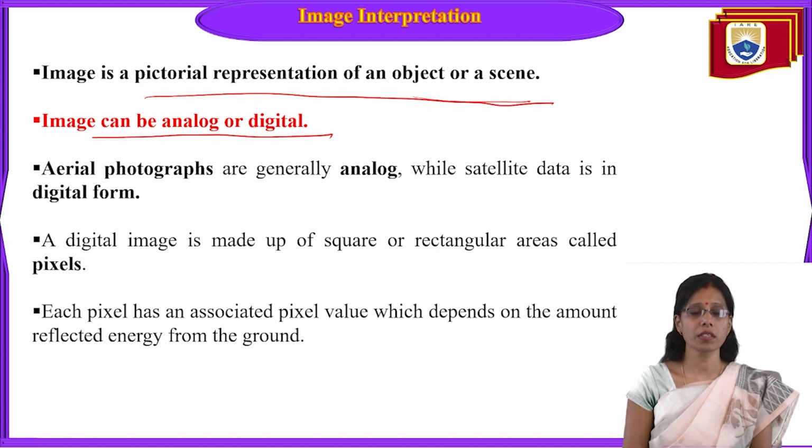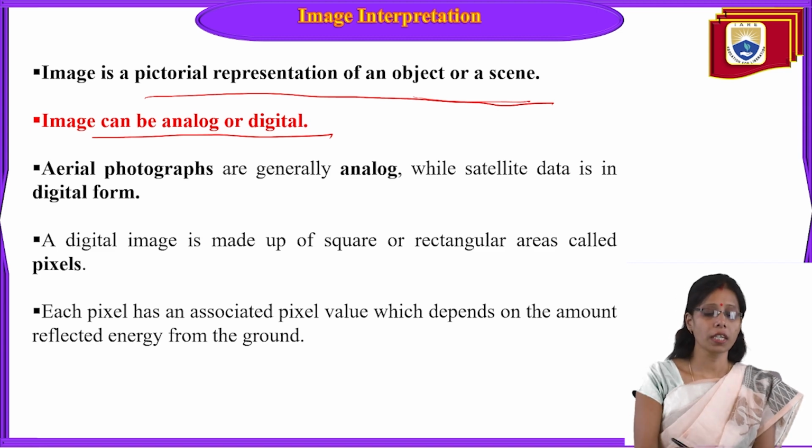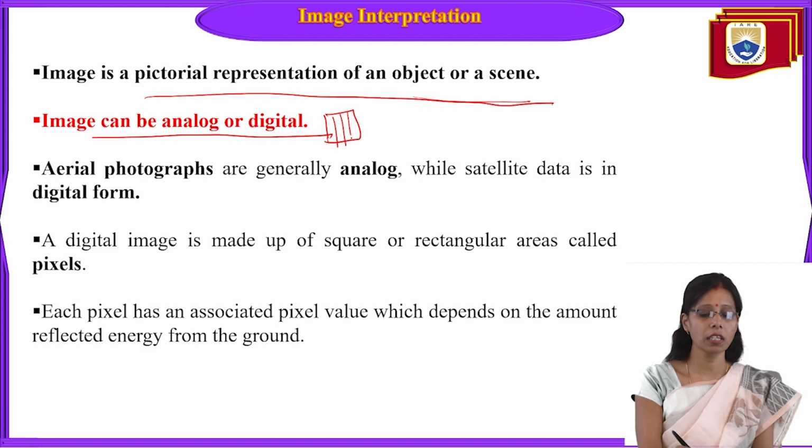An analog image is an image which is in the form of a picture. It's not in the form of points, lines, or polygons. All the images will be in the form of a picture. Digital means the data has pixels.